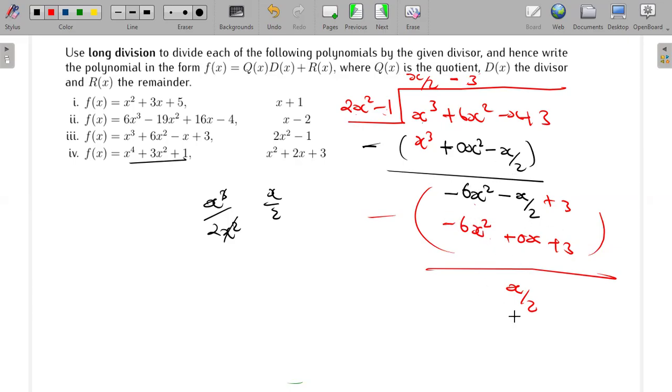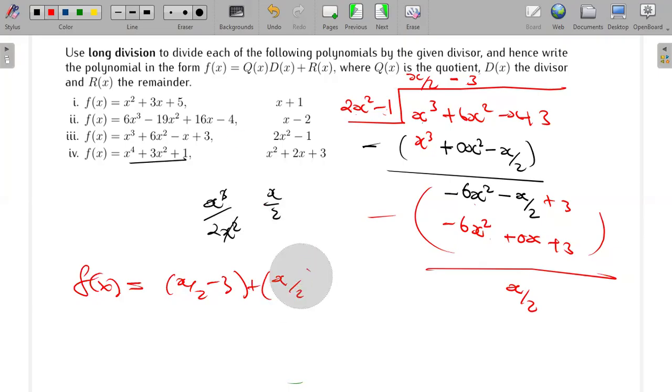Yes, so that's what we want, that's what we get here, and as a half. Meaning f of x is going to be equal to, that is the answer we got, x over 2 minus 3, and then you just have the remainder there, which we have gotten to be plus x over what?